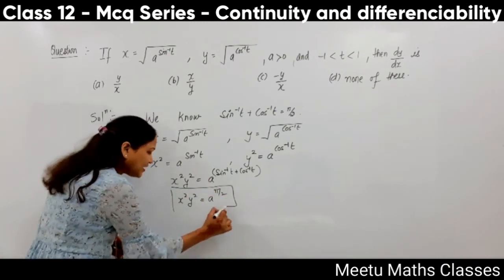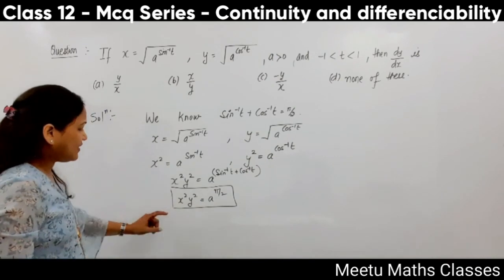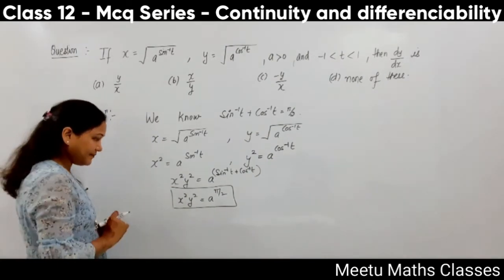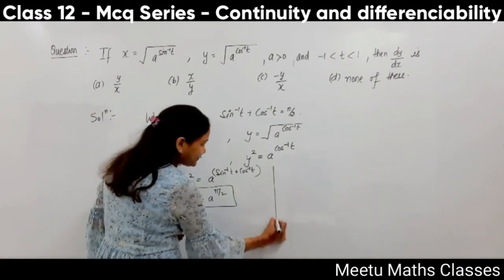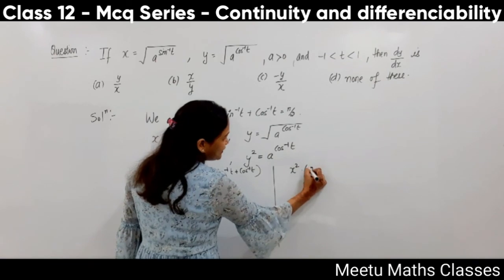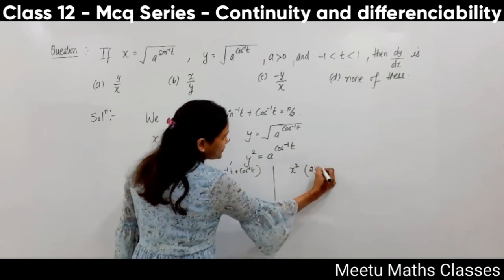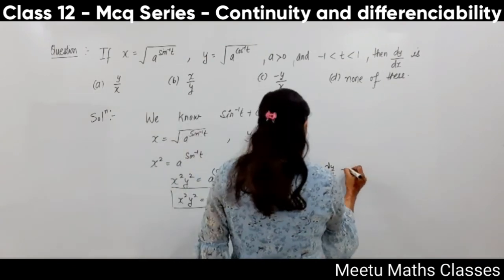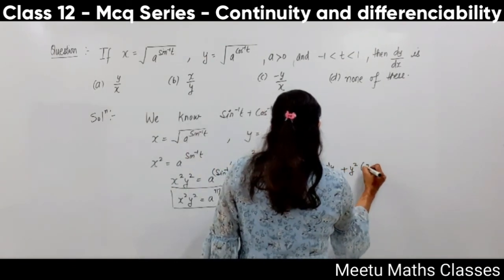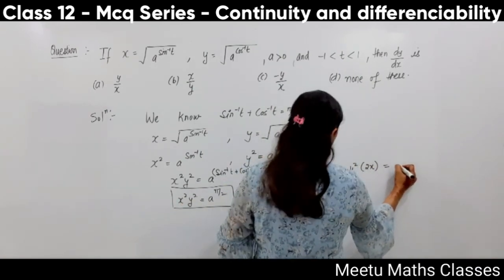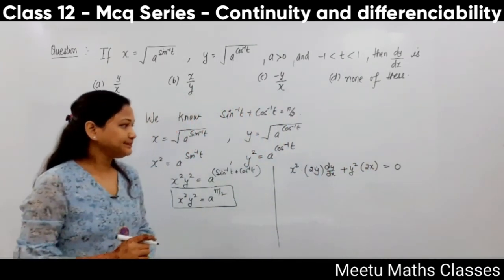Now this will become a function in x and y only. You have eliminated t. Now differentiate it. So using product rule, x square as it is, derivative of y square is 2y into dy by dx, plus y square as it is, derivative of x square is 2x, and derivative of a raised to power pi by 2 is 0.